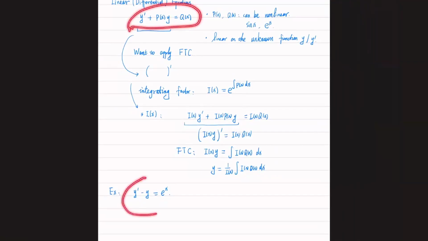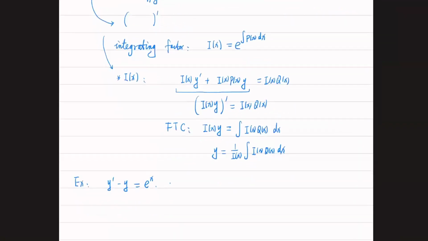If we want to match the formula with the problem, Zichen, what is p of x? Negative 1, so it's the coefficient of y. So first, this is a linear differential equation.